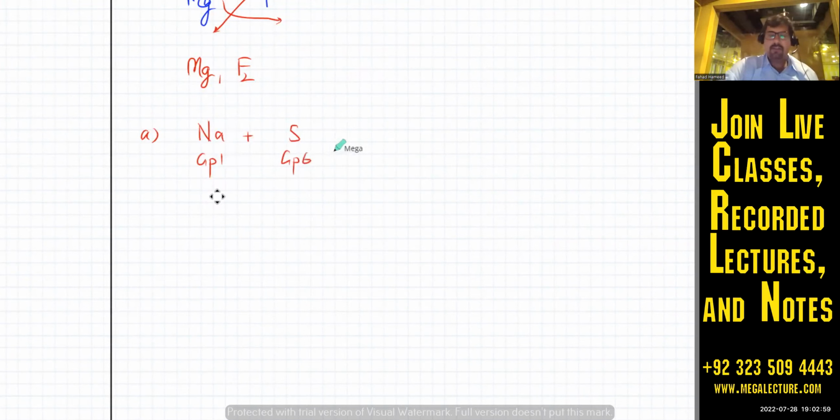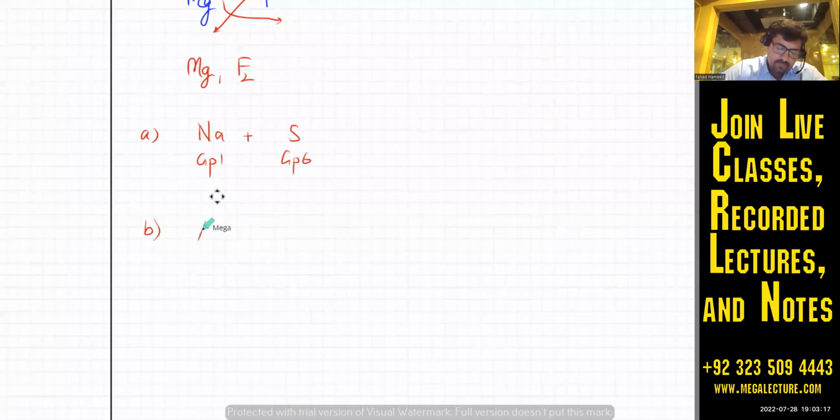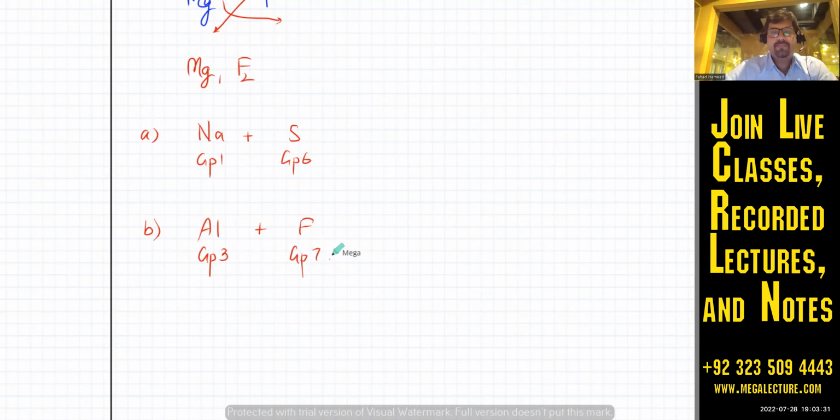Can somebody work out what the formula of this compound is? What will it be after the crisscross? Has anyone done the first one?